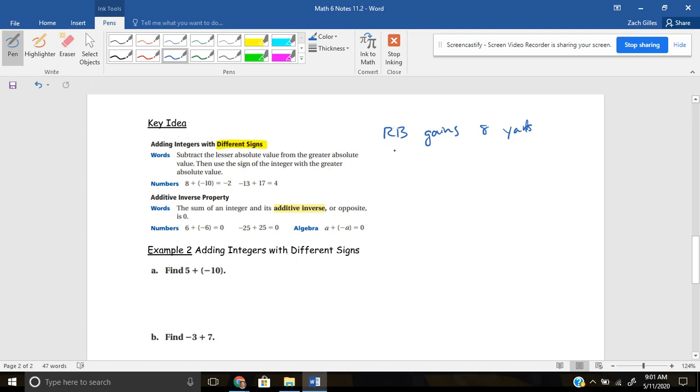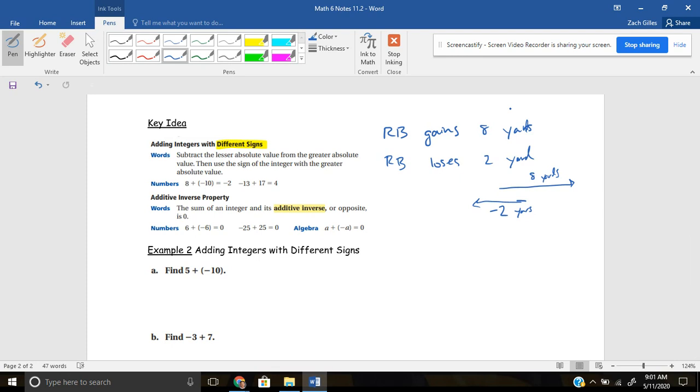And now this time the running back loses 2 yards. So it's like we're going positive 8 yards, but on the next play, instead of going positive, he loses 2 yards. What would the net of that be? That's kind of how these problems are going to work, essentially. That's just a simplified version.